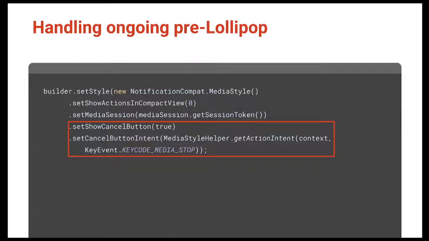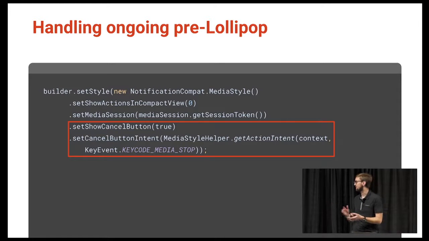So our media style actually gives us two methods which allow you to work around that, setting a cancel intent. Basically this just adds a little X in the corner of your media notification, which allows them, even if it is ongoing forever and you're annoying users to no end, to just hit the X and close out your notification. In this case, we'll set the intent to just be a media stop, just like it got swiped away.